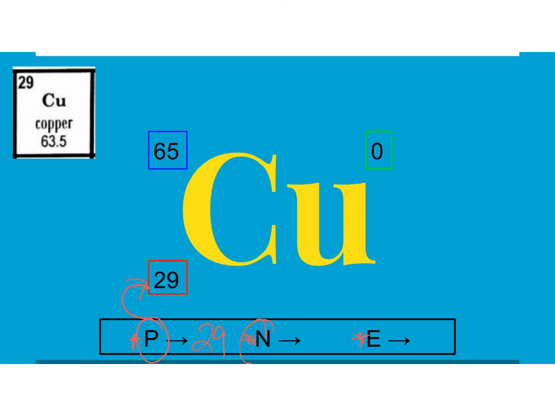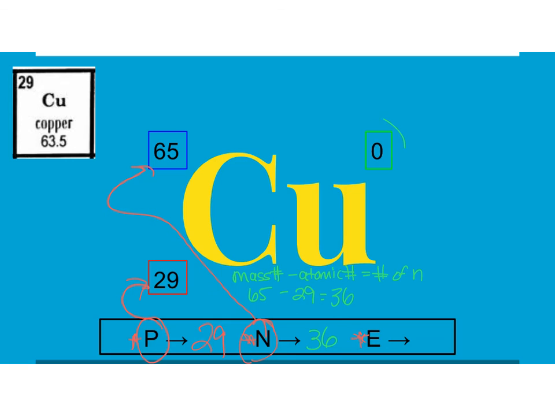To figure out the neutrons, we're going to have to use the mass number. So if you remember back to that ape man, we take mass number minus atomic number equals number of neutrons. So we're going to take our mass number of 65 minus our atomic number of 29, and that's going to equal 36.